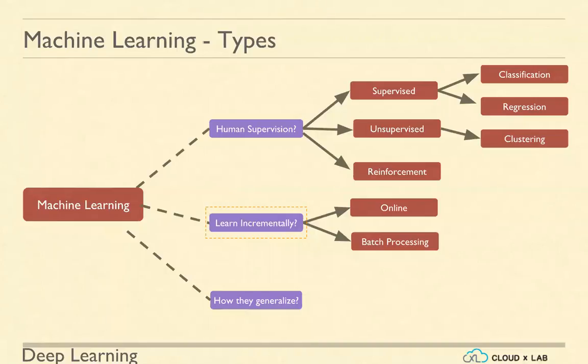If you are running it periodically on the entire data, that is called batch processing. In batch processing, you train every time on the entire data set, while in online learning, you train on partial data, whatever new data is coming.